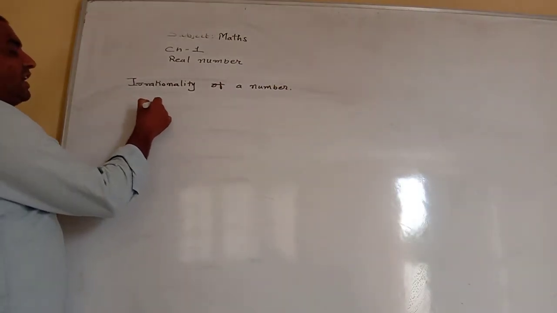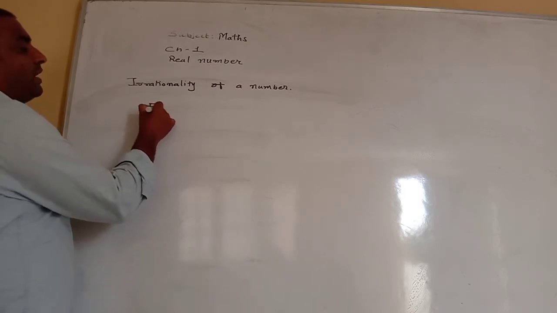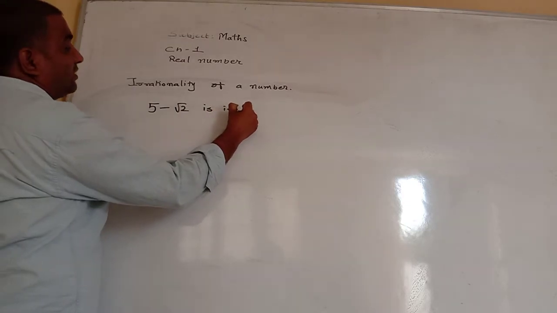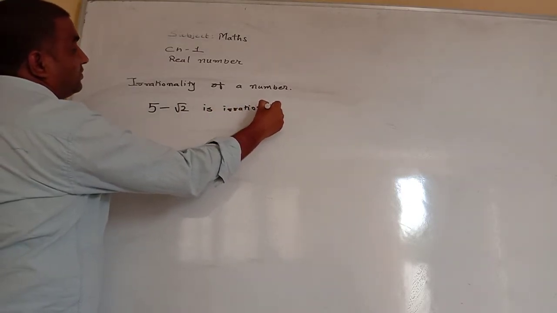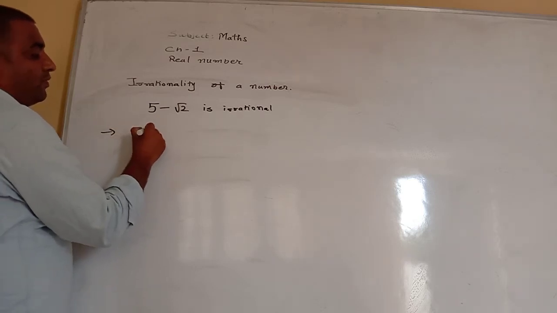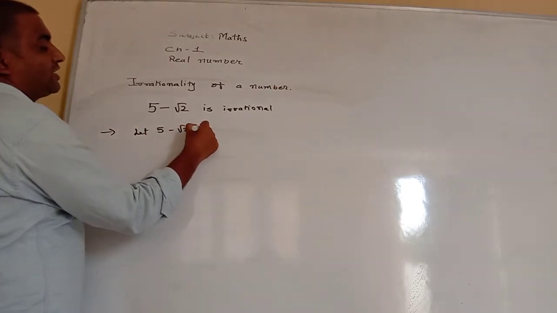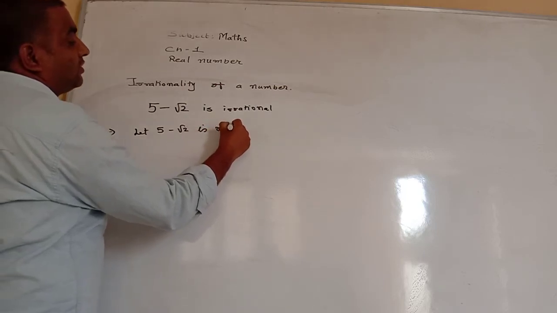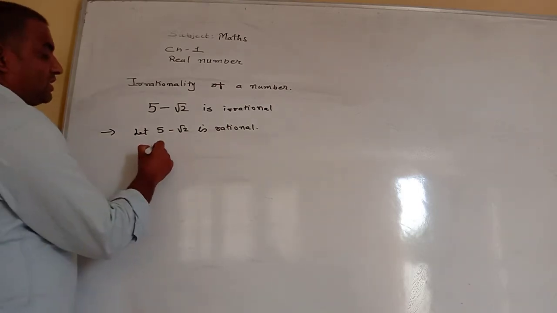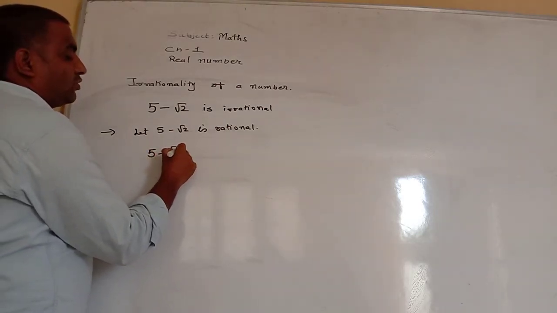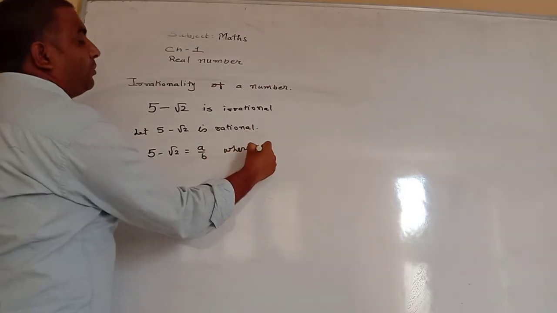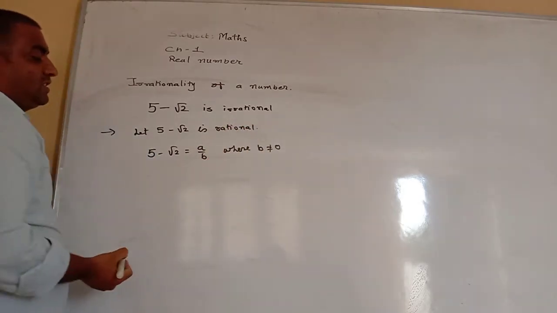Let's see another example. Prove that 5 minus root 2 is irrational. So again let 5 minus root 2 be rational. So we can write 5 minus root 2 equals a by b, where b not equal to 0.